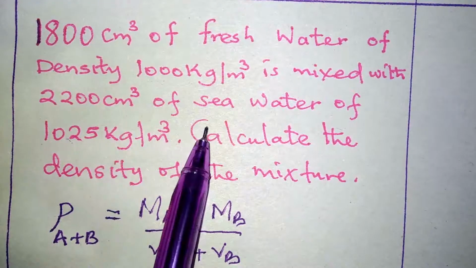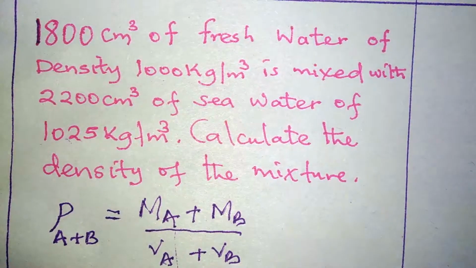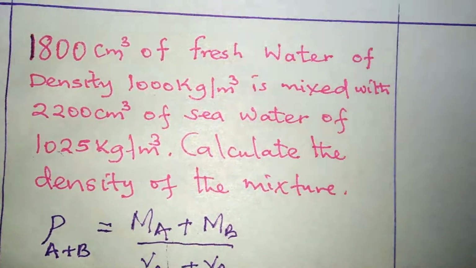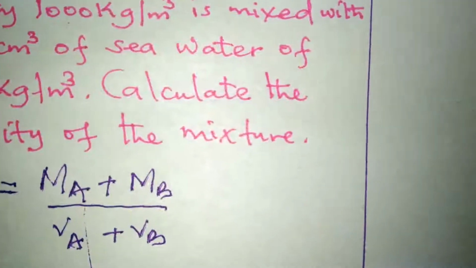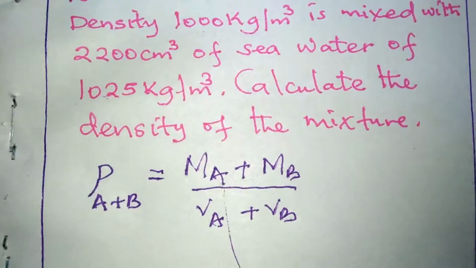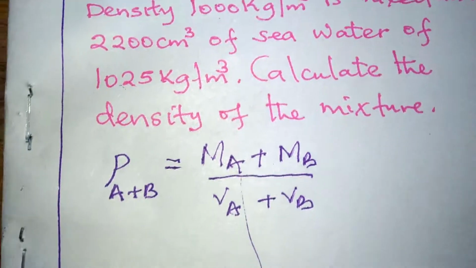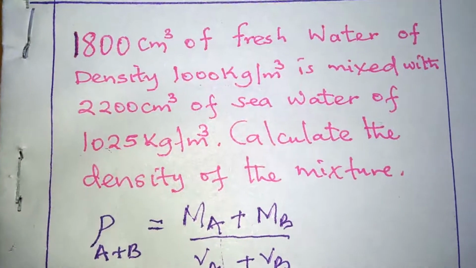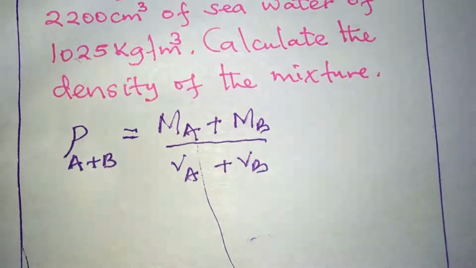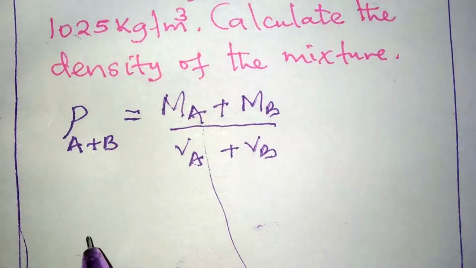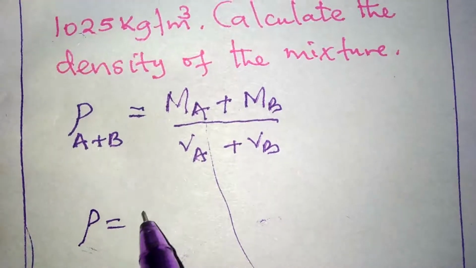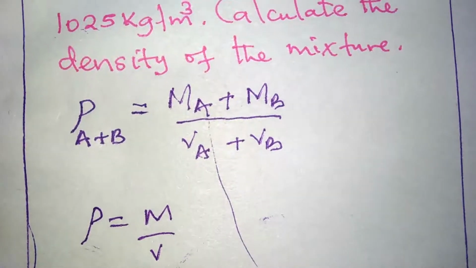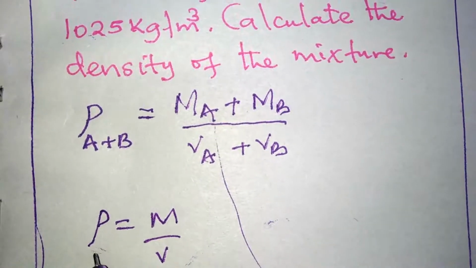We must actually find out what values of masses we're supposed to use. To be able to get the masses, we need to again note that our formula density is equal to mass over volume will be valuable.